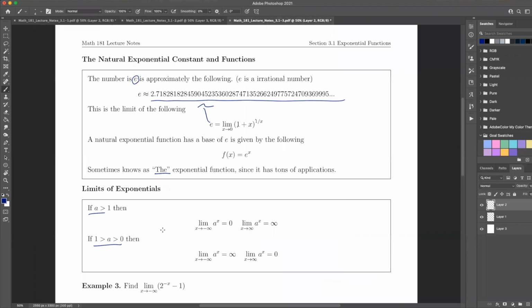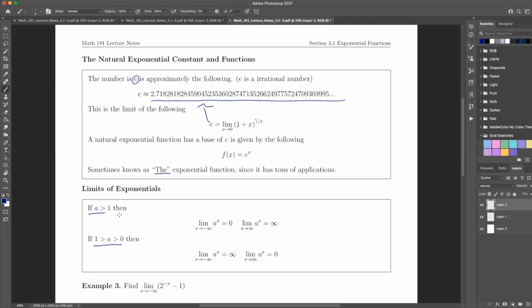Because you might ask me, what happens if a is 0? Well, don't worry about it. 0 to any exponent is 0, except if it's 0 to the 0, which becomes undefined, where it just gets problems. So we're just not dealing with 0 or negative numbers.